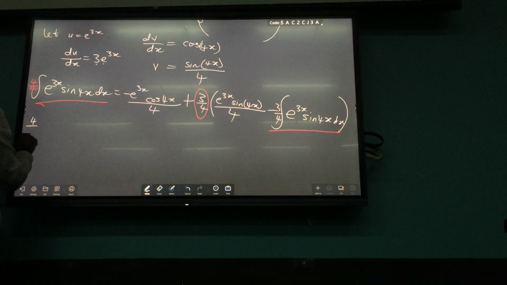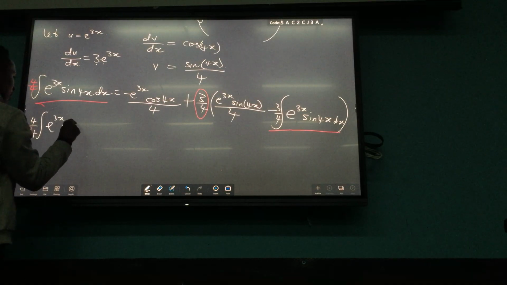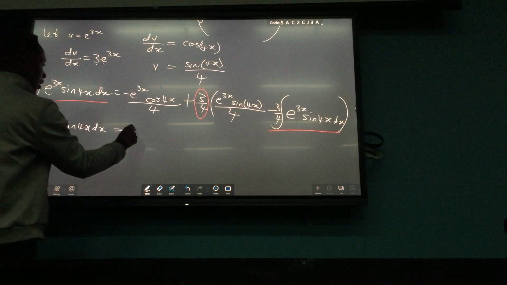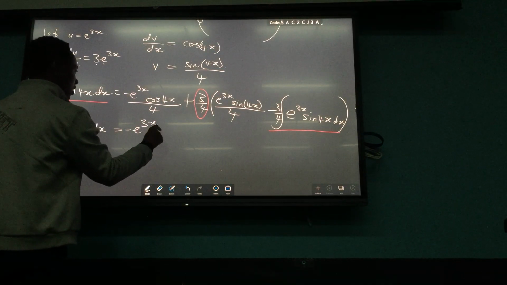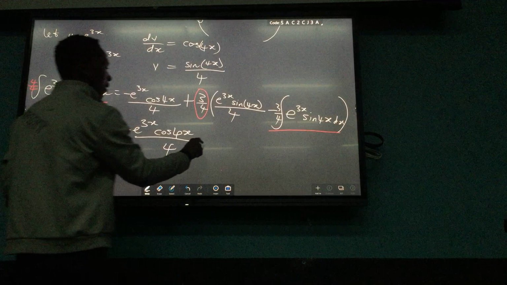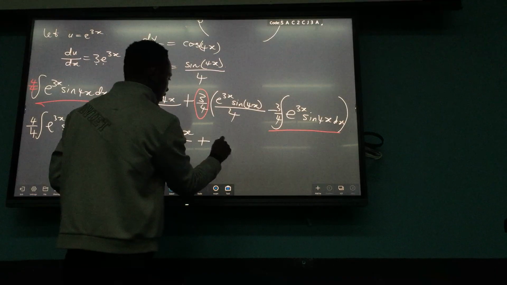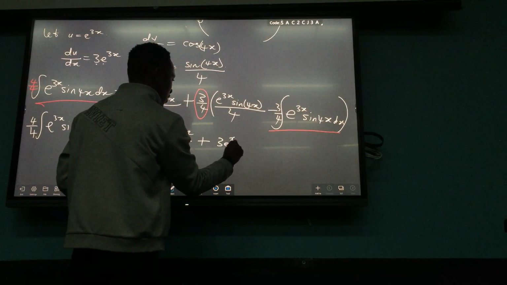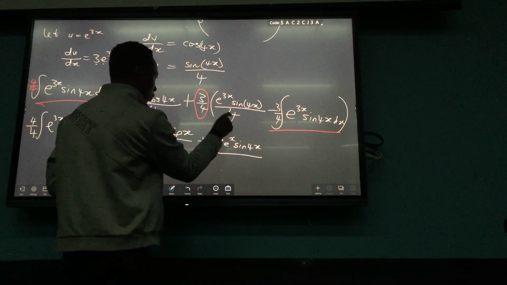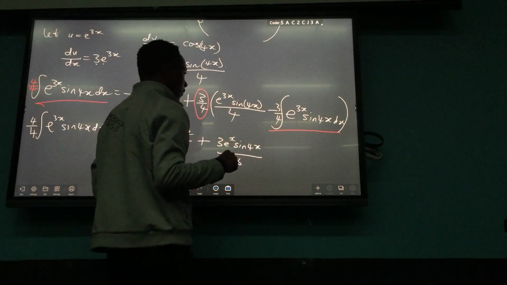We have 4 over 4 integral of e to the 3x sine 4x dx equals minus e to the 3x cos 4x over 4 plus, if we multiply with the 3 over 4 inside, we're going to have 3e to the 3x sine 4x over this 4 times this 4 is 16. So you have 3 over 16 e to the 3x sine 4x.